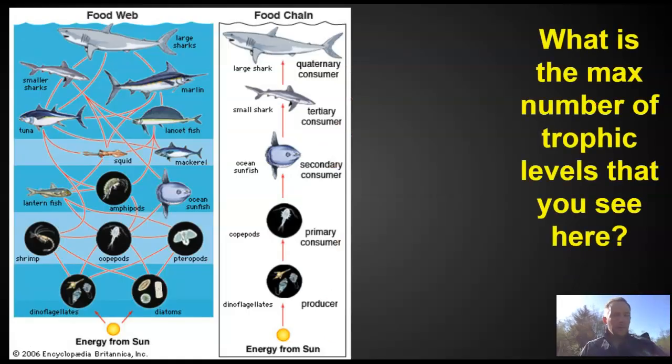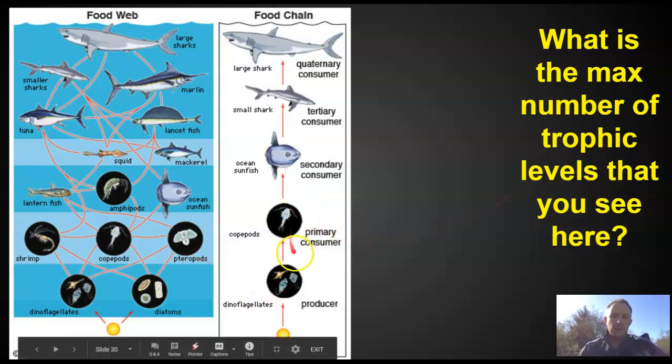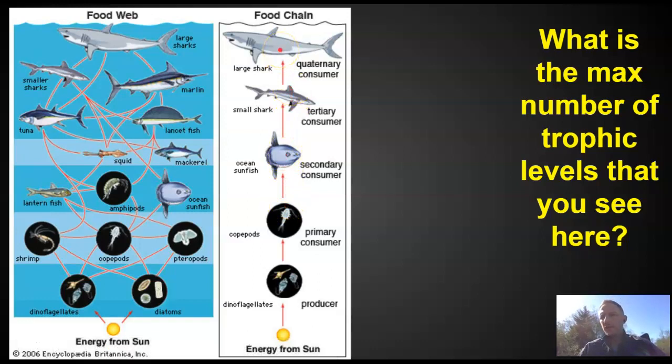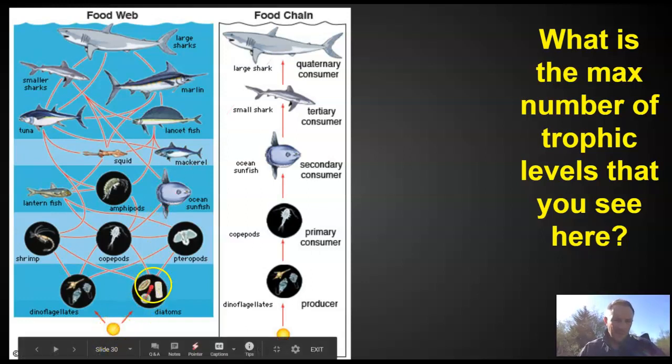So what's the maximum number of levels you can find in here? Well, if we were to count in a food chain, we go 1, 2, 3, 4, 5. Okay, there's 5 levels here, and then it stops. If we were to go this way, and we don't count the sun because it's not a living thing, but the sun provides the energy for producers to produce, and then we start transferring the energy from there.